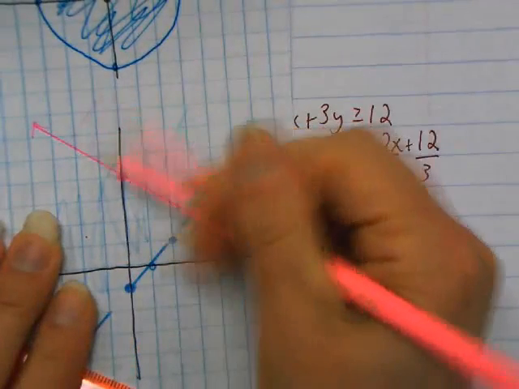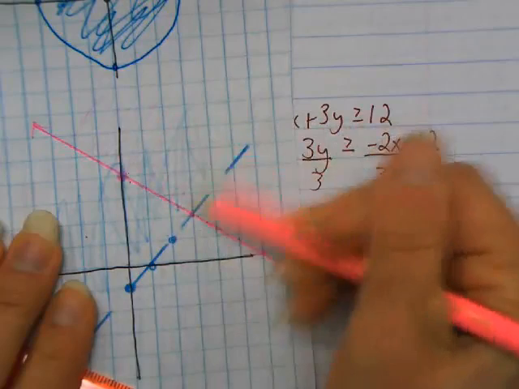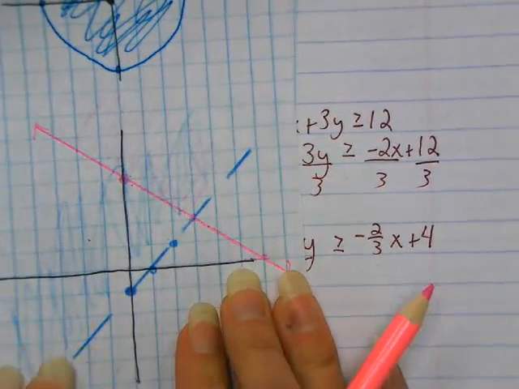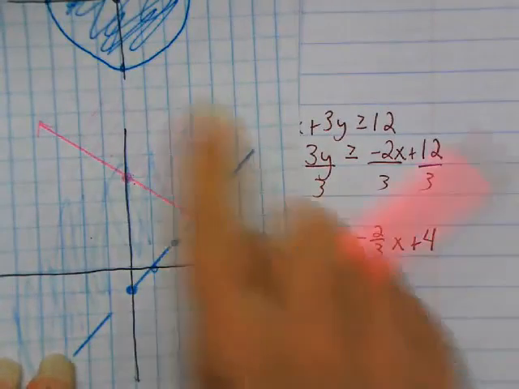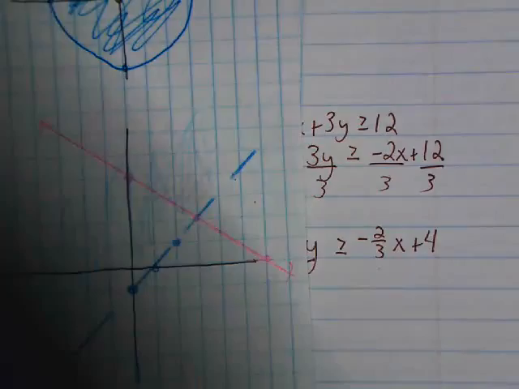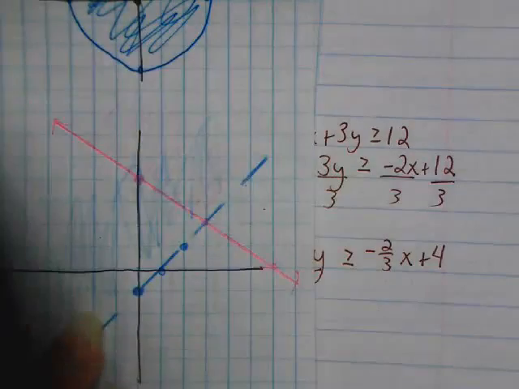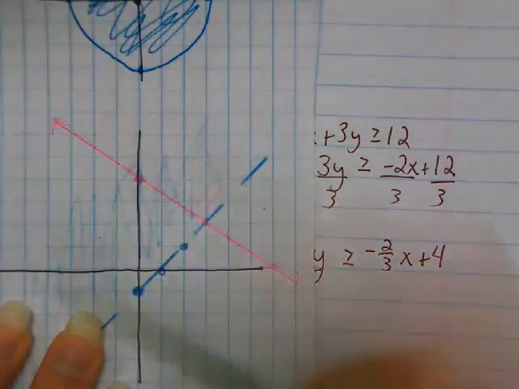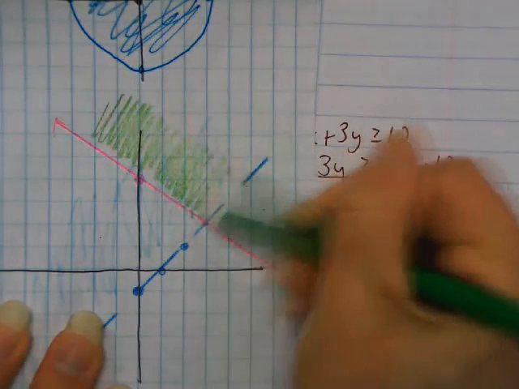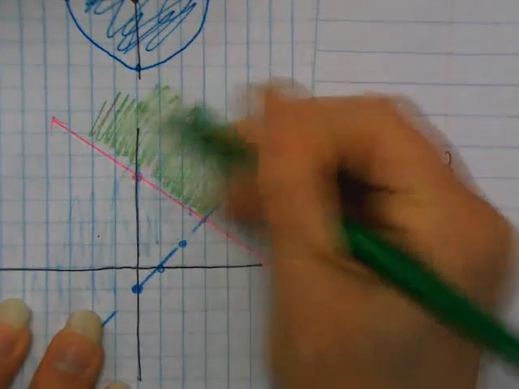Again, let's do it lightly. Now, at this point, you ought to see that your pink and your blue, or whatever colors you're using, intersected up here. Okay? So I'm going to take now a different color and shade that, so I know this is my answer. All this stuff up here.